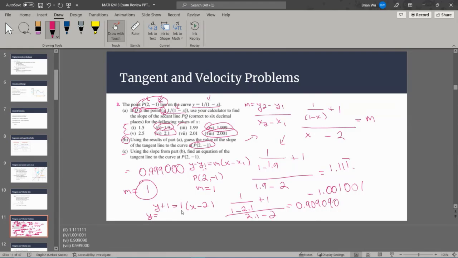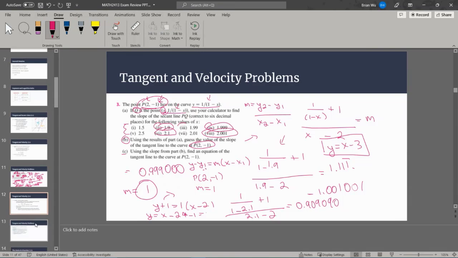You can keep it in that form, but you can also isolate the y and you get x minus 2 minus 1, and your equation would be y is equal to x minus 3.